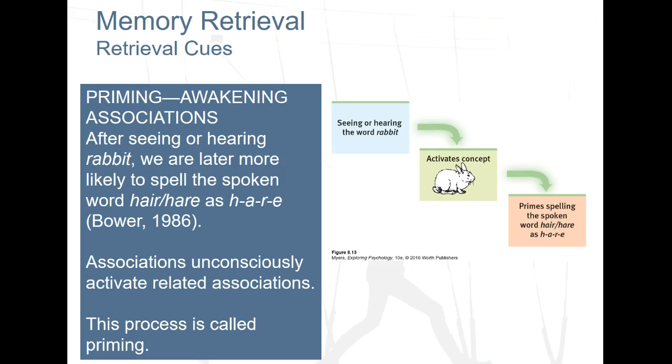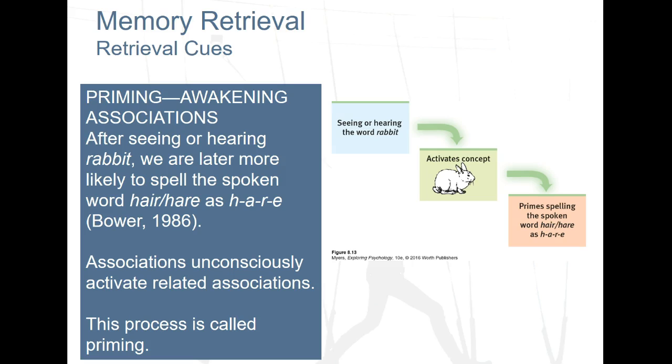One thing we know is that you can prime your memory to help you retrieve information. As you see on the screen, after hearing the word rabbit, when later asked to spell hare, which could be spelled two different ways, people are more likely to spell it H-A-R-E, as in a rabbit.